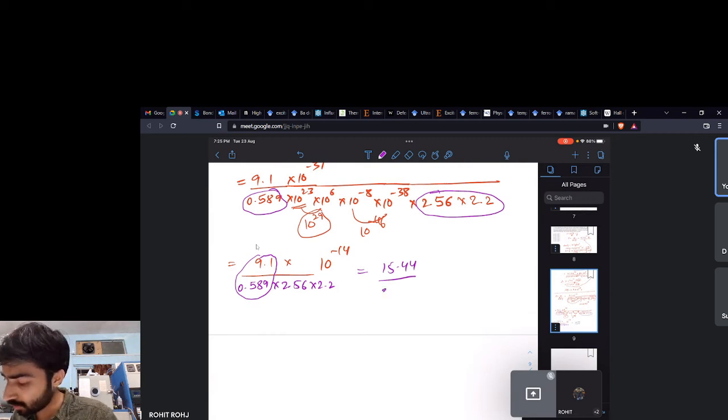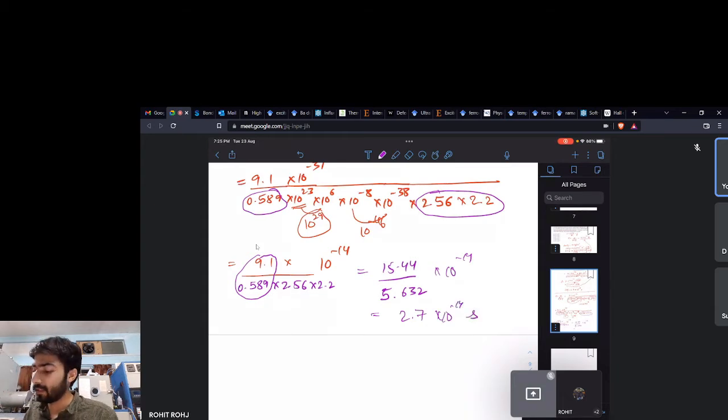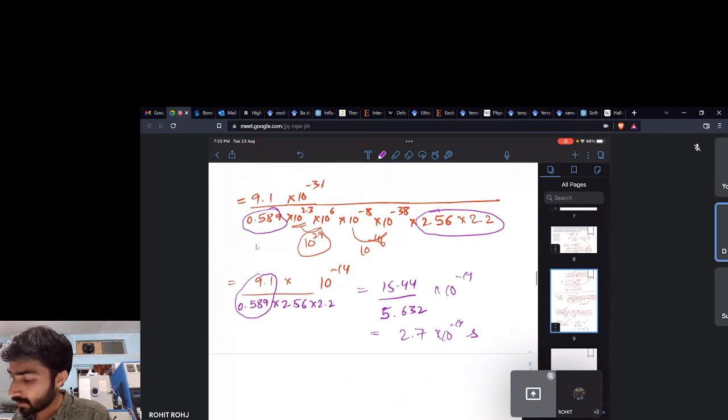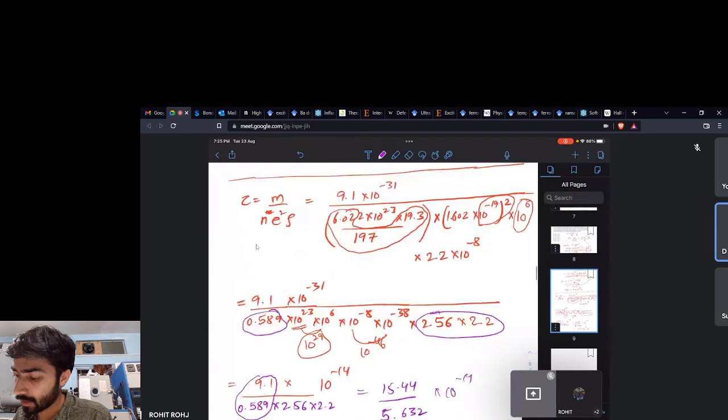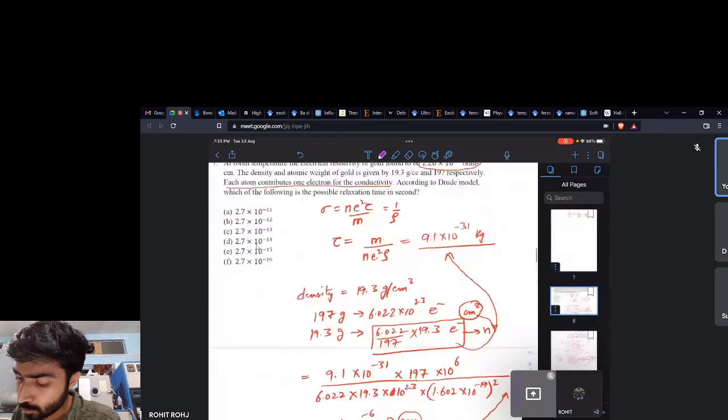This counts to 5.632 multiplied by 10 to the power minus 14, and if one does an exact calculation, it is 2.7 into 10 to the power minus 14 seconds. Yeah, thank you. So the correct option would be 2.7 into 10 to the power minus 14 seconds.